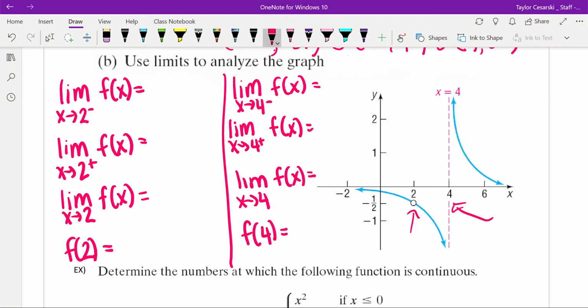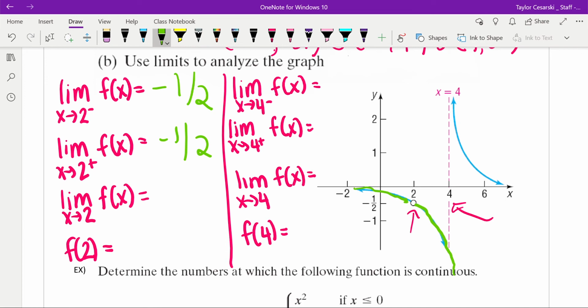Okay, cool. So the limit as x approaches 2 from the left, so as I'm coming from the left side, it's going to approach negative 1/2. From the right side, if I'm coming from the right, it's also going to approach negative 1/2.